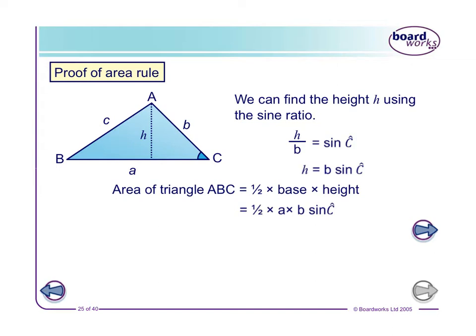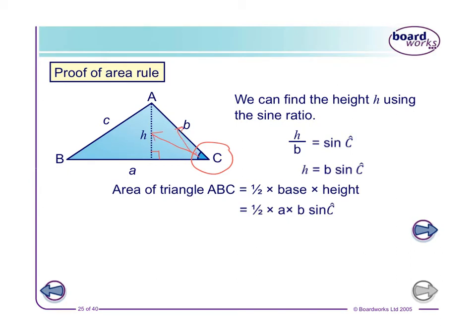So here is the proof of the area rule. You drop a perpendicular, so it must be a perpendicular height, and you find the height using a sine ratio. It doesn't matter which one you're working with, but we're going to work with angle C there. Stick with one sort of process that you have. So angle C, opposite over hypotenuse, right?